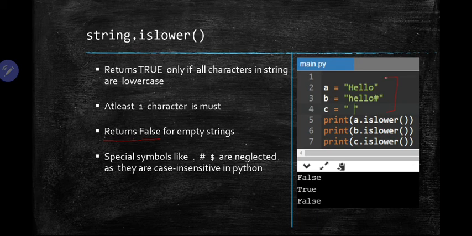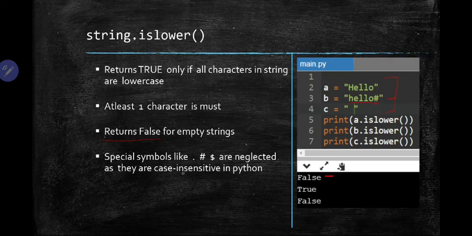In this first string a, we have one capital letter, others are small. So the output for this one is false, because it will return true only when all the alphabets are lowercase. In second string b, we have one special symbol, but other than that all the characters are small letters, these are in lowercase. And as I told you, the special symbols are neglected, or I can say they are treated as lowercase in this function.